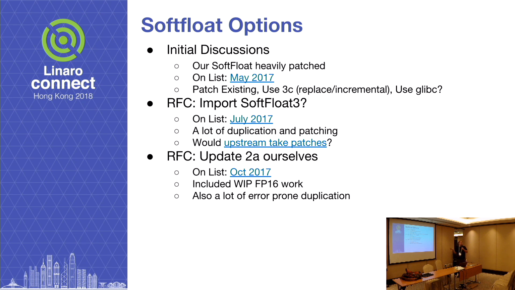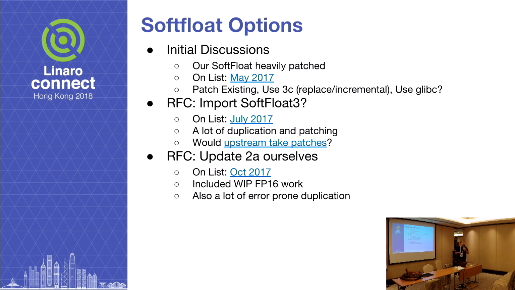We could look at using 3C, which actually had half-precision float already added to it. Or we also discussed some other options, like maybe it's time to move away from SoftFloat and use glibc's soft floating point implementation. The initial discussions didn't really come up with any clear answer.